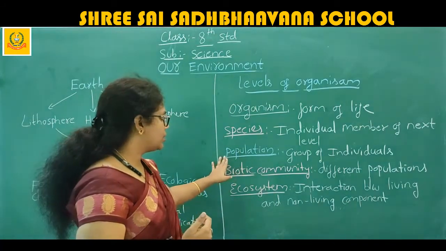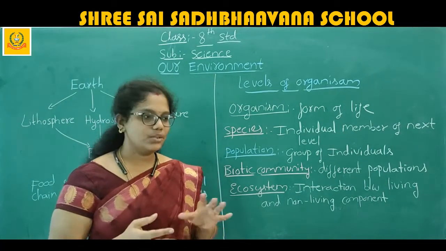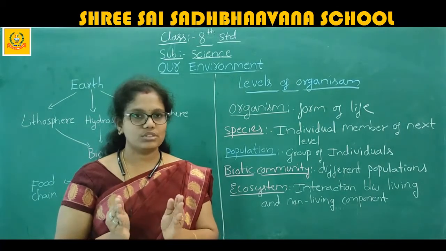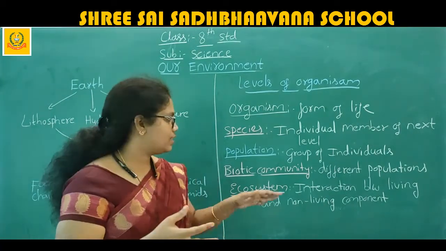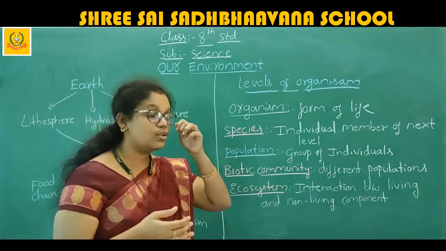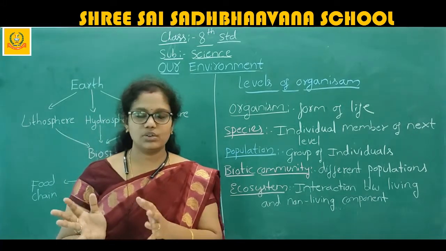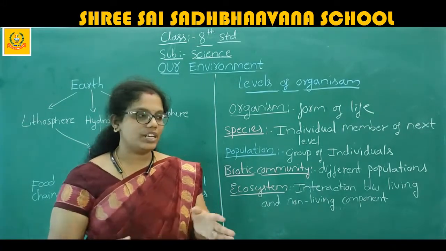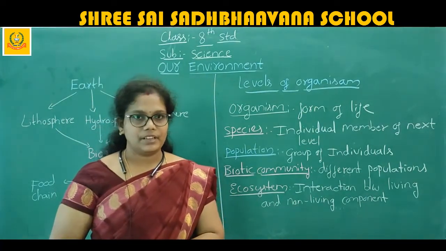Next, we are going to discuss the population. Population means we stay in a group, right? Human beings are almost all present in groups, and that group we call a population. The grouping of human organisms we call humans. The grouping of reptiles in one specific group we call reptiles.